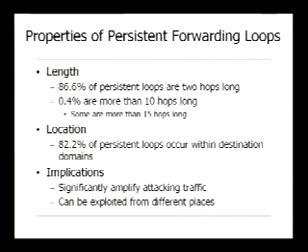So this implies that, because the loops happen within the destination domain, no matter where you do traceroute or observe these forwarding loops, you can always observe them from various locations. And also, it amplifies the traffic in the forwarding loops significantly.